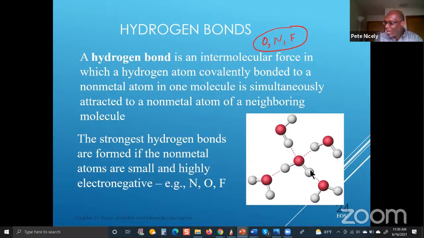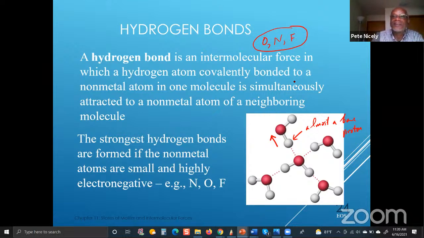Because the oxygen is so electronegative, it pulls the shared electrons towards it, so the hydrogen is almost a bare proton, because hydrogen has only an electron and a proton in its atom. If the oxygen is pulling away the electron, what you have almost left behind is a proton, and therefore this has a very high charge density.